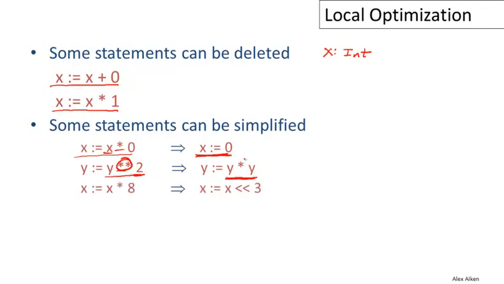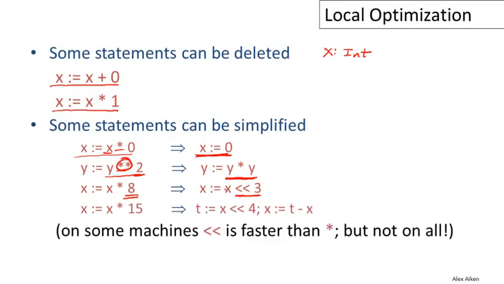Another example of substituting one kind of operation for another in a special situation is if we have a multiplication by a power of 2, we can replace that by a left bit shift. So here we're multiplying by 8. That's the same as shifting the binary representation of x over by 3 bits. And that will, in fact, compute the same thing. And it doesn't even have to be a power of 2.